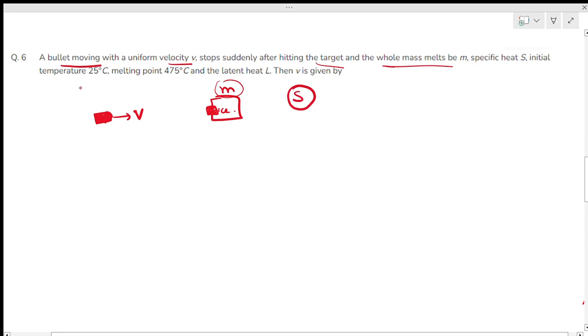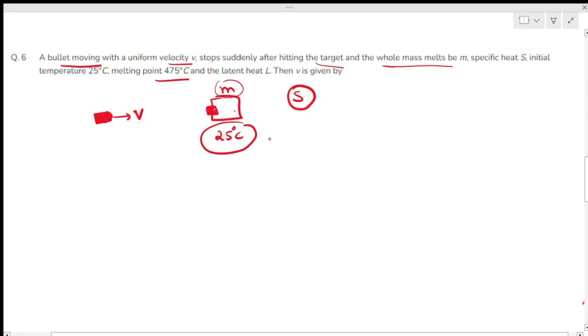Initial temperature is 25 degrees Celsius, and its melting point is... it's not basically ice, it can be any substance which can melt, because ice would have a melting point of 0 degrees, right? So it's a different substance.